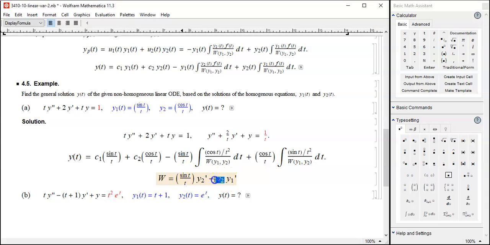And then what's y2? That's cosine of t over t. How about y2 prime here? Basically it's this one, but I have to take the derivative. And then this one, but I have to take the derivative.